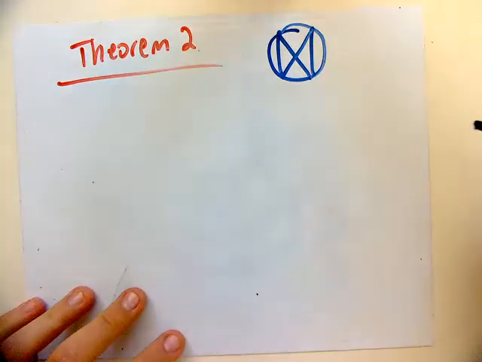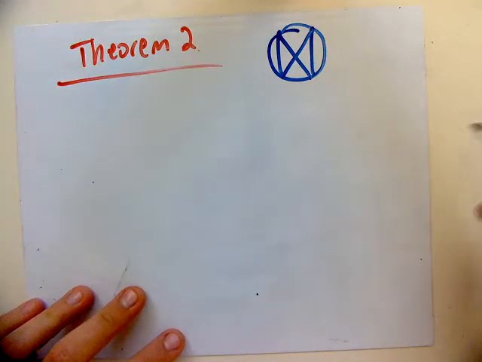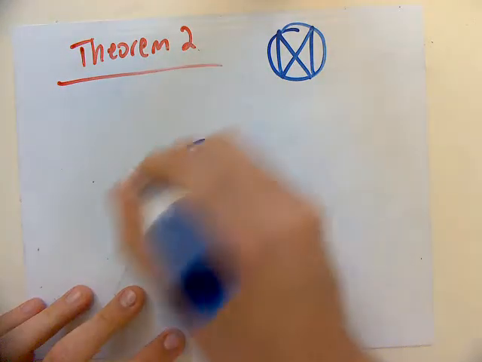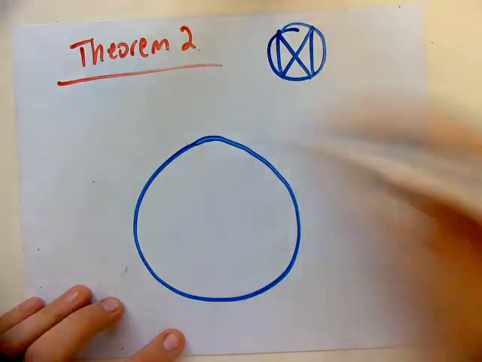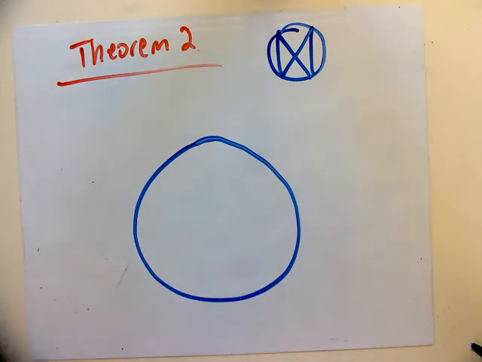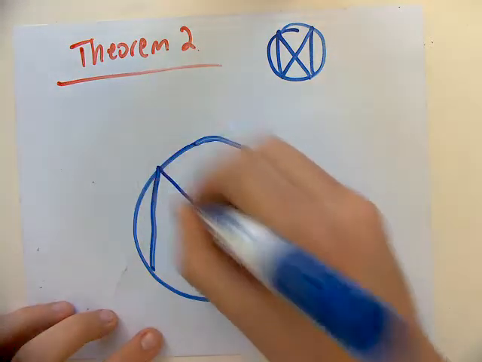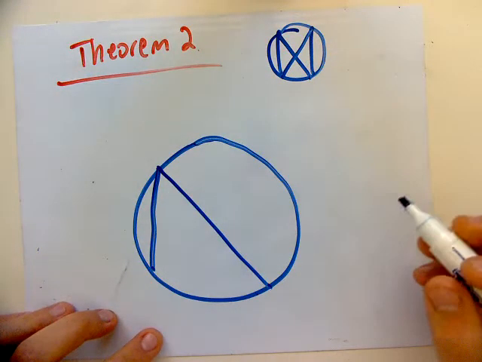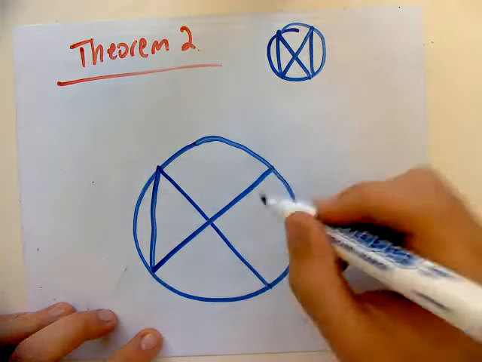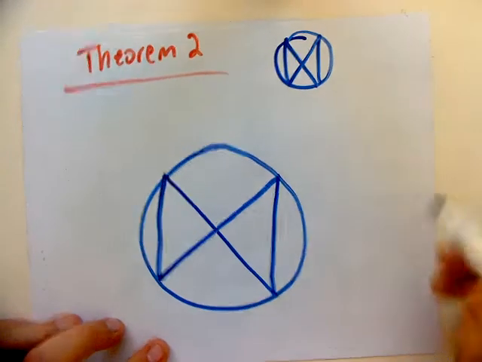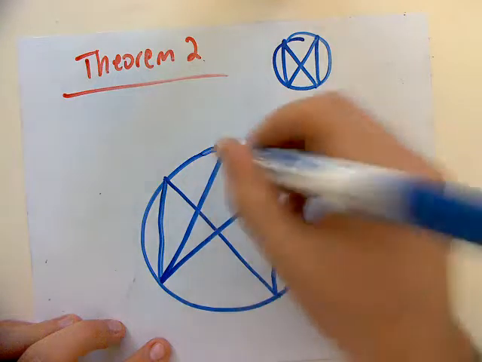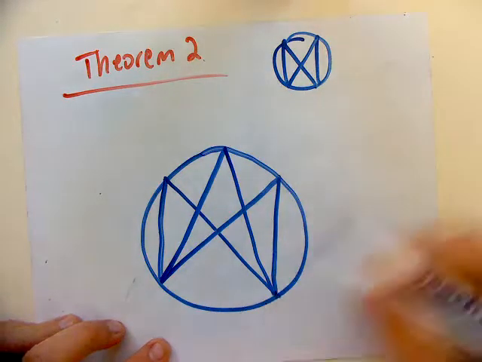Okay, so let's have a little look. All this is really saying is, so I'm going to draw that there, that one's going to go there, let's draw another angle like that, and let's draw a third one just for fun.